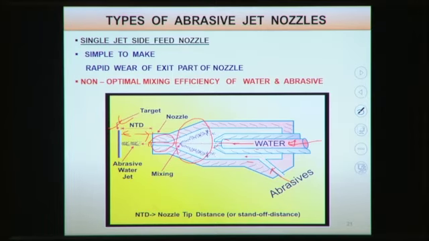Here the mixed abrasive water jet is coming through this nozzle. This is the mixing chamber.